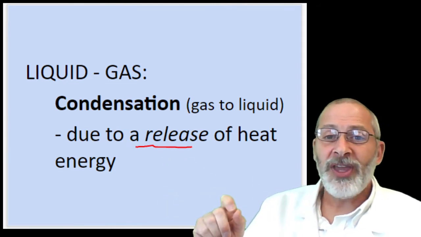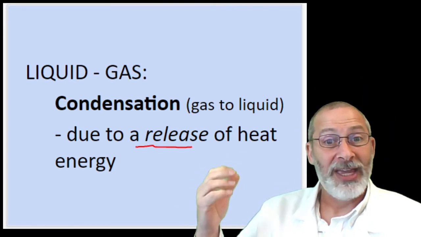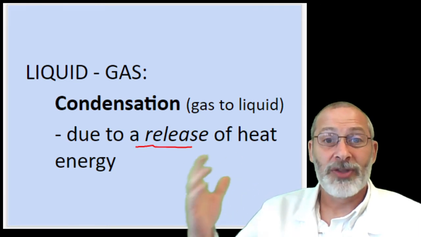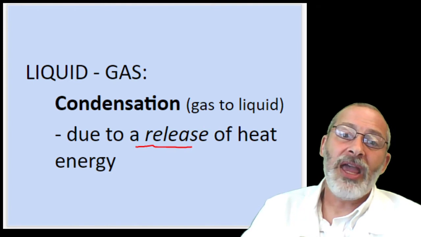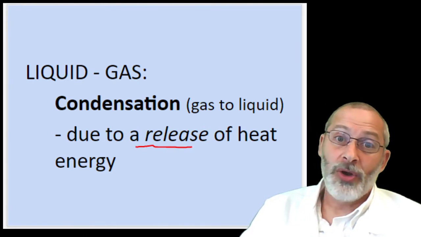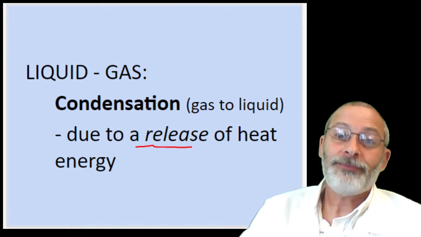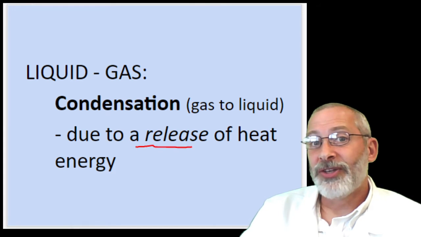So when something condenses, when something goes from the gaseous phase of matter to the liquid phase of matter, what happens to the surrounding area? Does it get hotter or colder? It gets hotter.